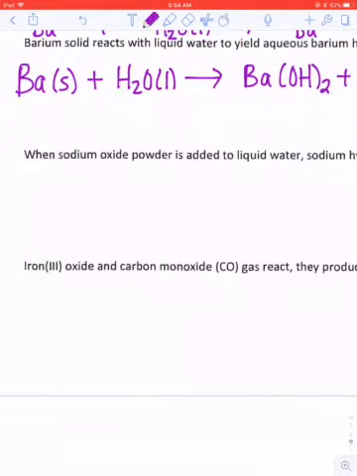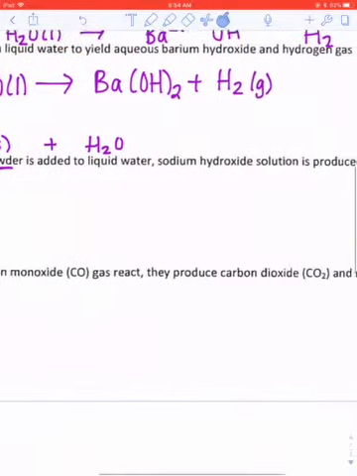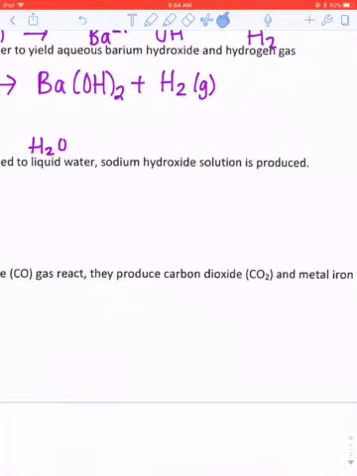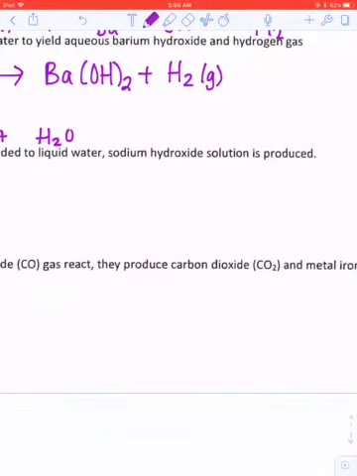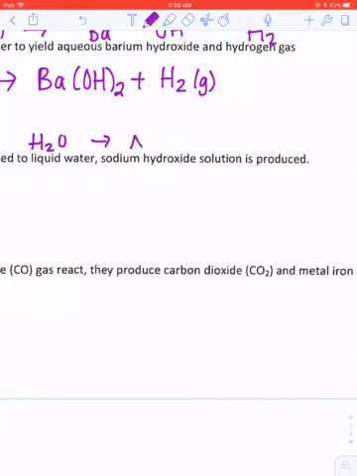Isn't that fun? All right, when sodium oxide powder, so powder is one of those words for solid, okay? So sodium oxide, so that's Na, and oxide is O2 minus, is added to liquid water, H2O, added is plus. Sodium hydroxide solution is produced. So that means we're making sodium hydroxide solution.